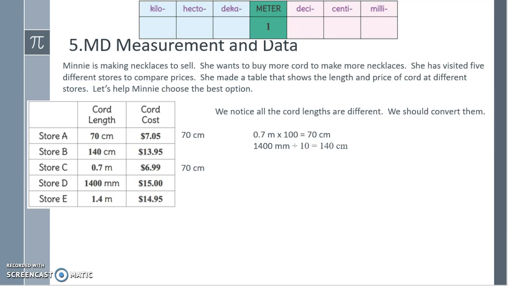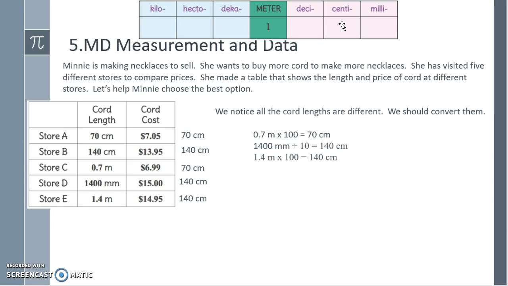So going from millimeters to the left, one box, we need to divide by 10, so it would be 140 centimeters. Store B is already in centimeters, so I carried that down. Finally, store E is 1.4 meters. We are moving to the right 10, 100. So multiplied by 100 is 140 centimeters.